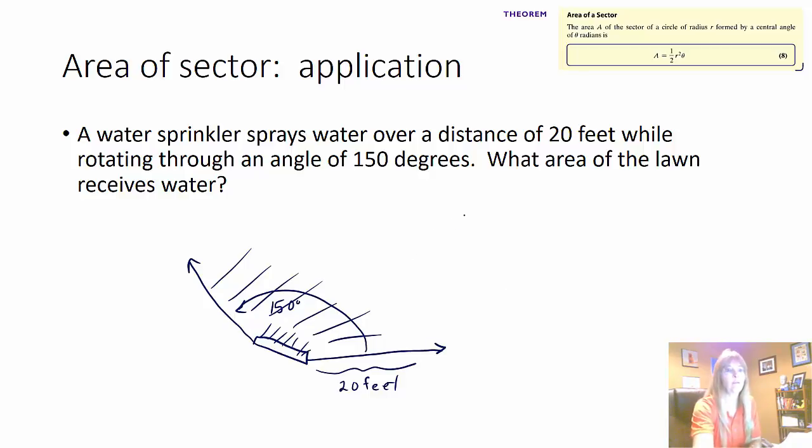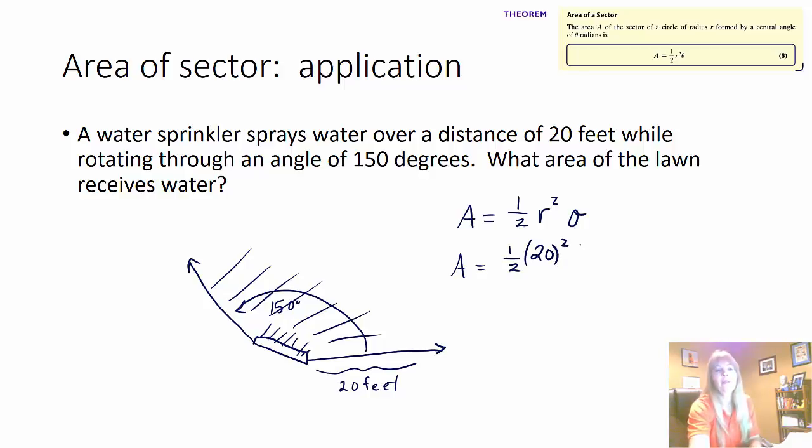Well, I use my formula, A equals 1/2 r squared theta. A equals 1/2, r is 20, squared. Theta, better be careful, it's 150 degrees, but it needs to be in radians. So you multiply it times pi over 180.